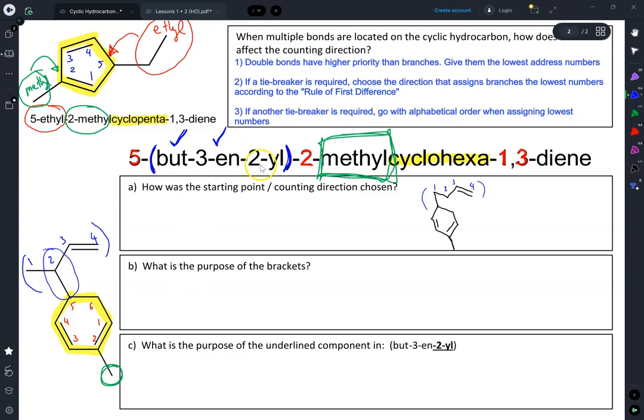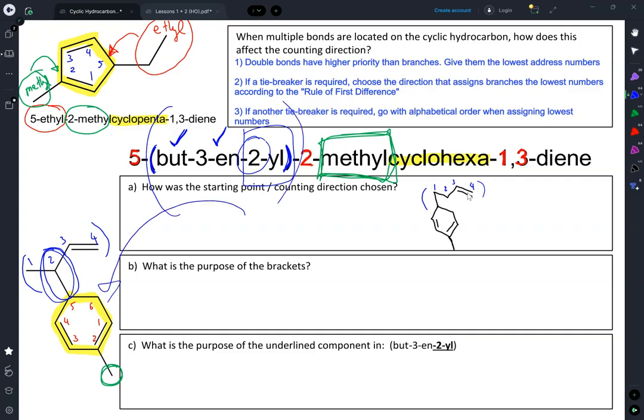If instead of 2-yl, they had instead written 1-yl, then that would mean this bracketed portion would be attached to the parent chain on the number 1 carbon itself. But because it says 2-yl over here, then it is attached to the parent chain on the number 2 carbon instead. So that's the purpose of this little block over here, 2-yl, to tell the reader where is this weird branch attached onto my parent chain.